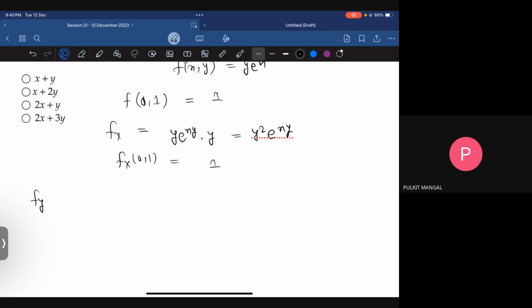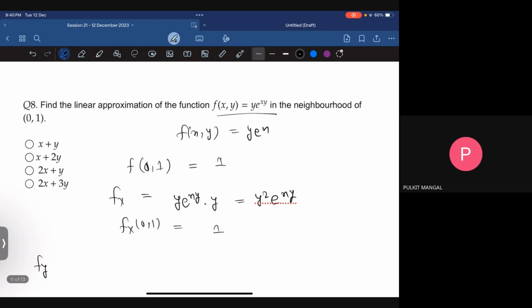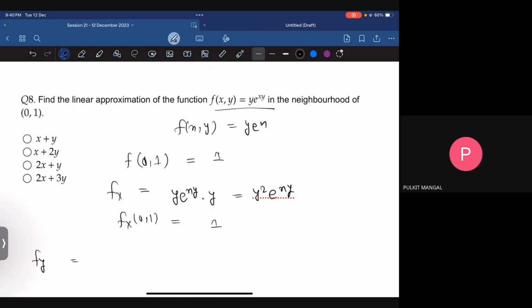Now fy. It is y e power xy. Here it would be in the u dot v case, right? So first take the derivative of y, and e to the xy would be the same, e to the xy.